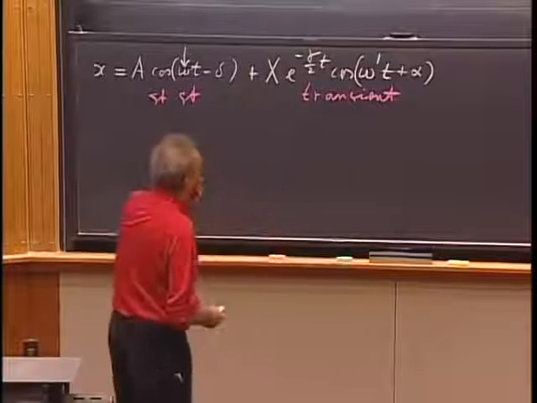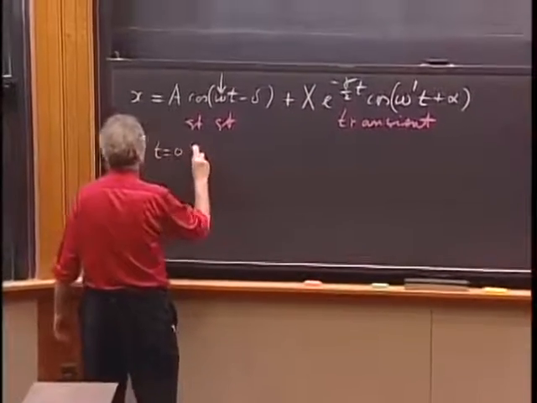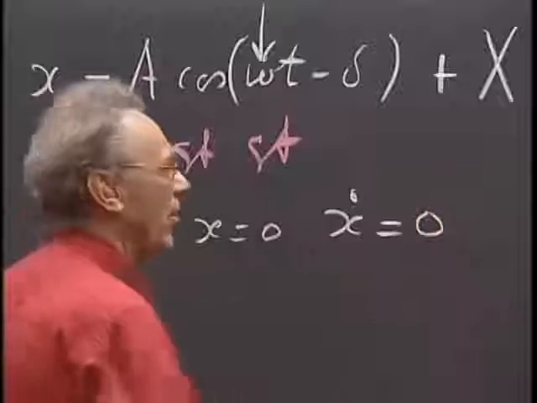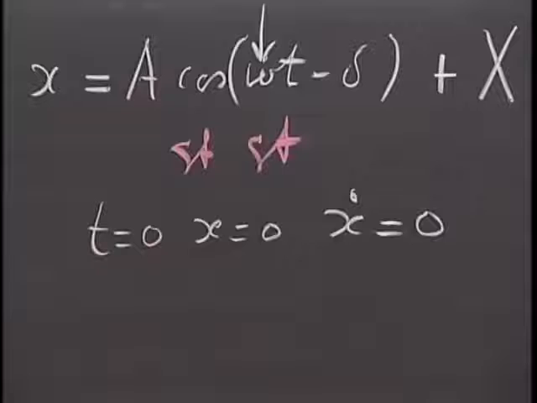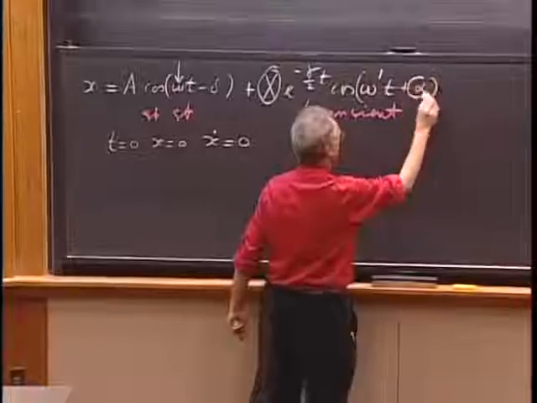Suppose I told you that at t equals 0, x equals 0, and x dot also equals 0, and I was so nasty to say, oh, by the way, why don't you solve for x and alpha?